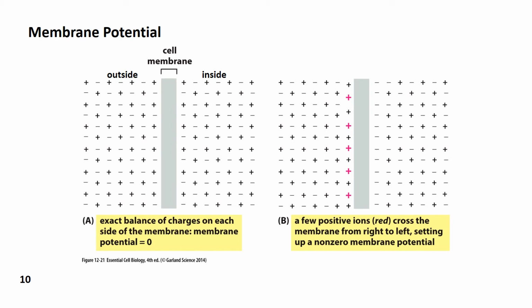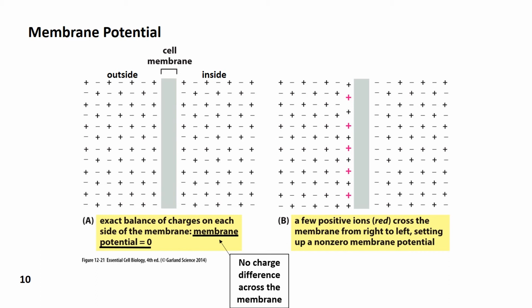Because there are an equal number of positive and negative ions on either side of the membrane, there is an exact balance of positive and negative charges on both sides of the membrane. In this case, we're saying that there is no charge difference across the membrane, so the membrane potential is equal to 0. Membrane potential is defined as the charge difference across a cell membrane.